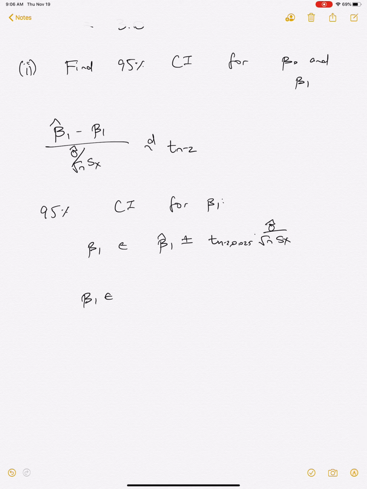So the center point here is 1, and then we're going to add this quantity. You can just look up on a t table. I believe it's about 1.94, but you can check that.